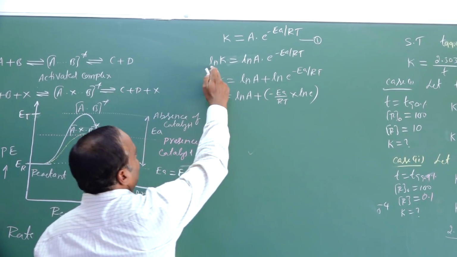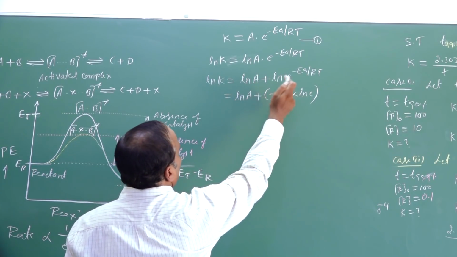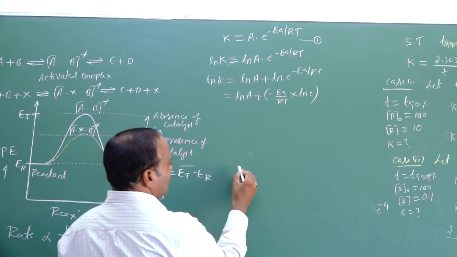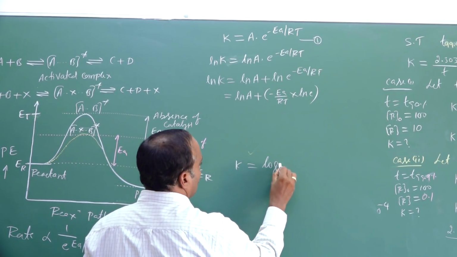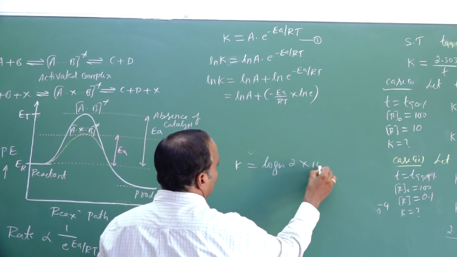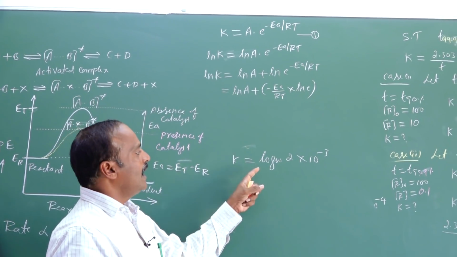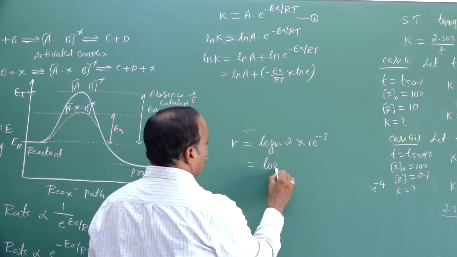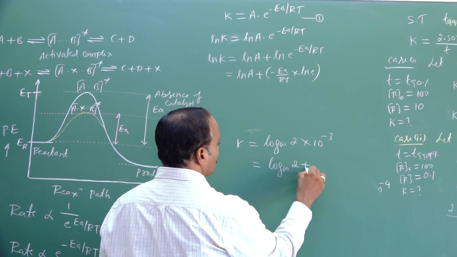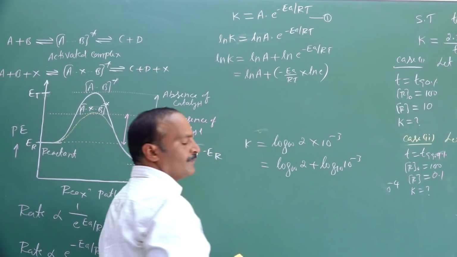Log mn means log m plus log n. If you consider K is equal to 2 into 10 to the power of minus 3, log base 10 of K is equal to log base 10 of 2 plus log base 10 of 10 to the power of minus 3.